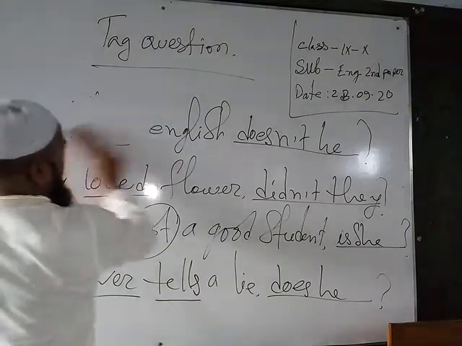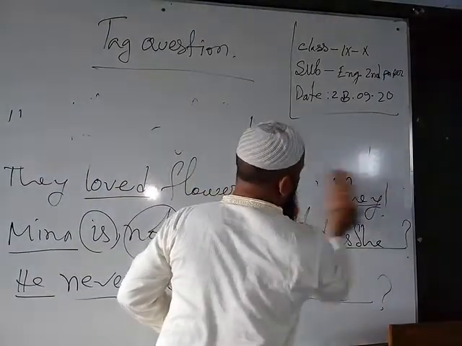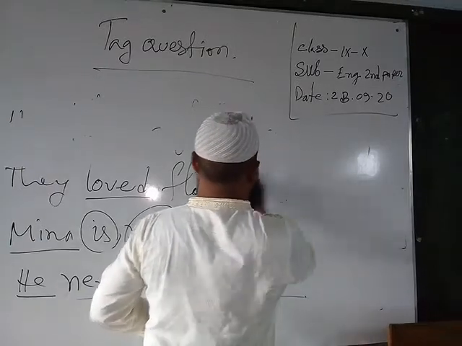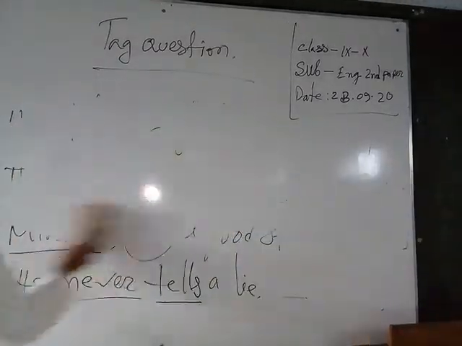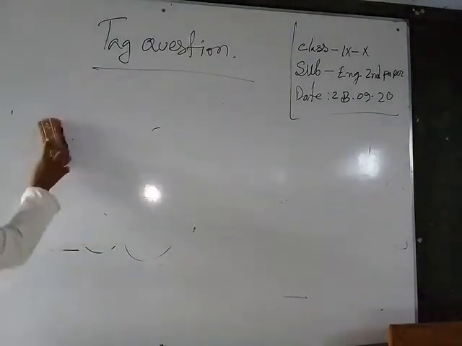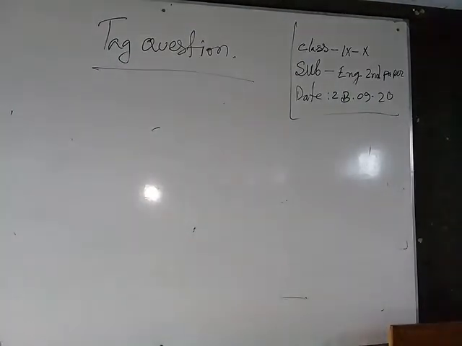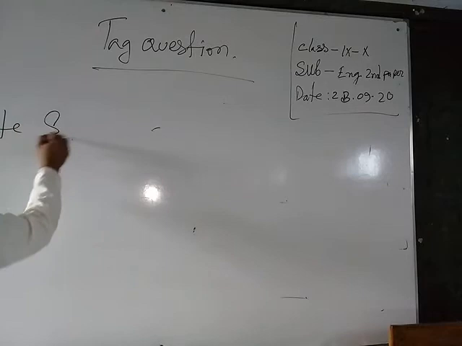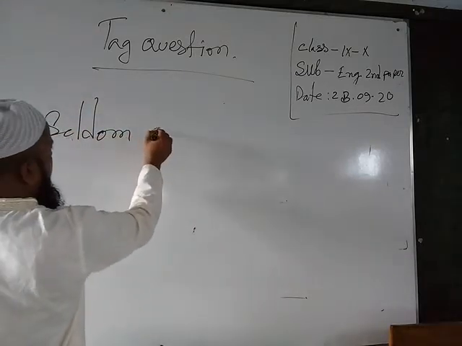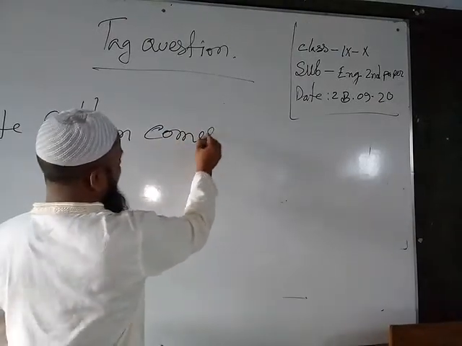Dear students, now we write a different rule of negative sentence. At first, I clean the board. The negative sentence: He seldom comes here.